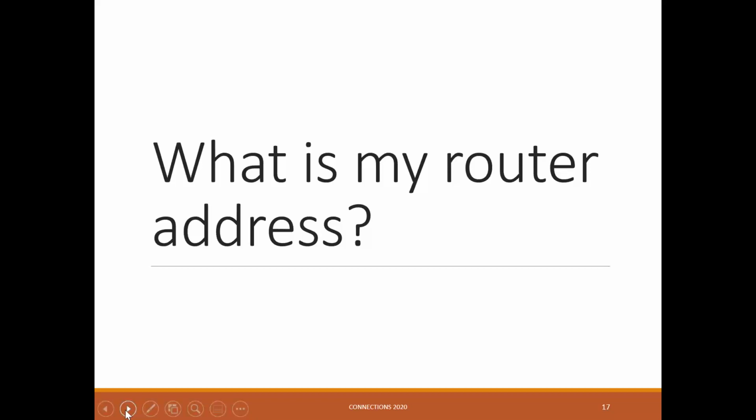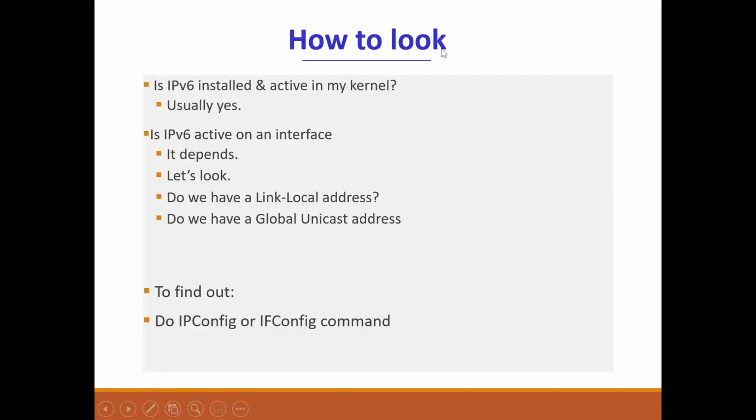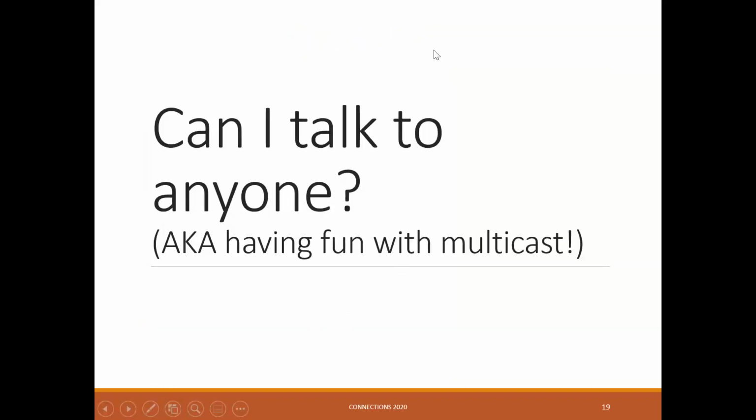So you see, your ipconfig, or ifconfig under Mac or Linux, really gives you an awful lot of information. So here it is. Now that I've got my address, can I do anything with it? Let's see.